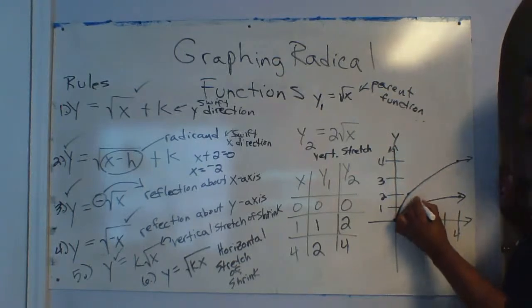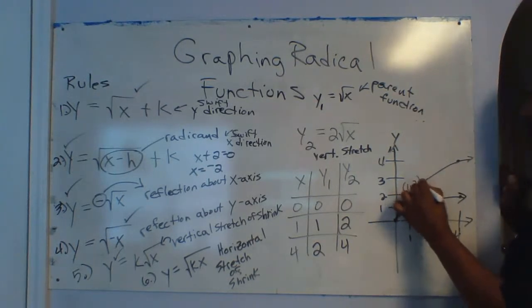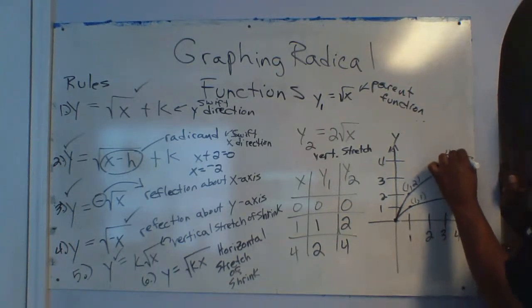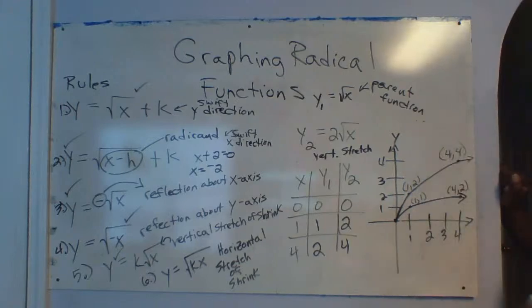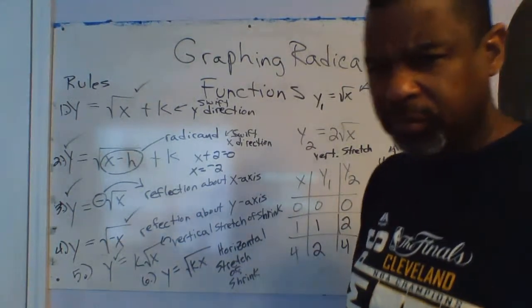In other words, this is (1, 1) and this is (1, 2). This is (4, 2) and this is (4, 4). So we just stretched this function in the y direction.